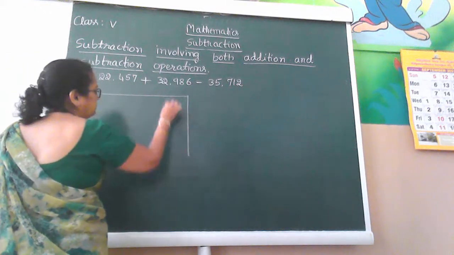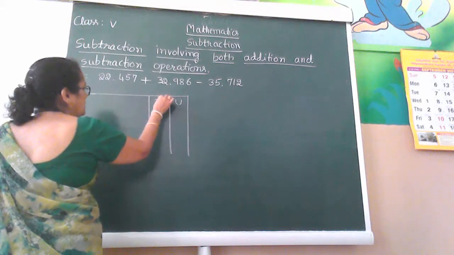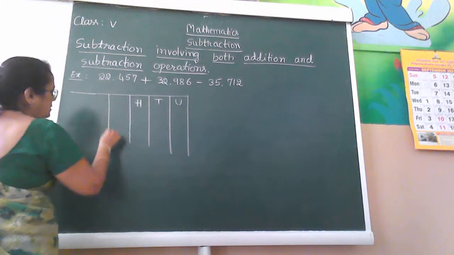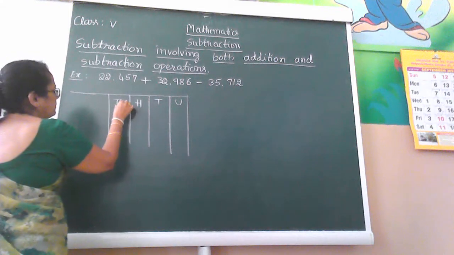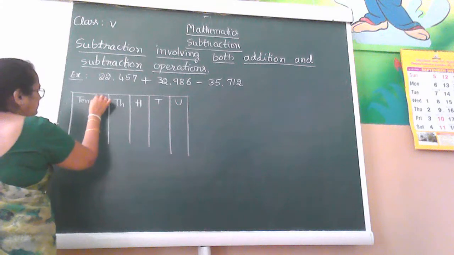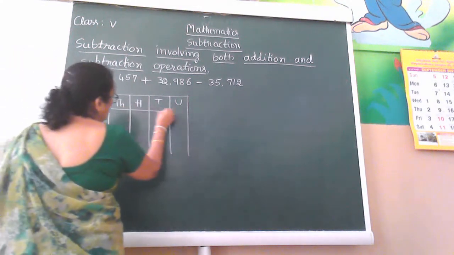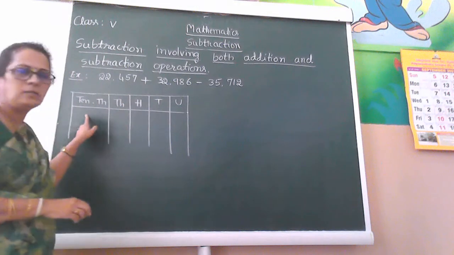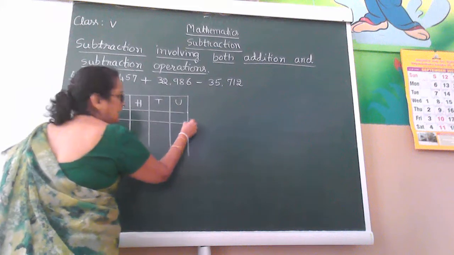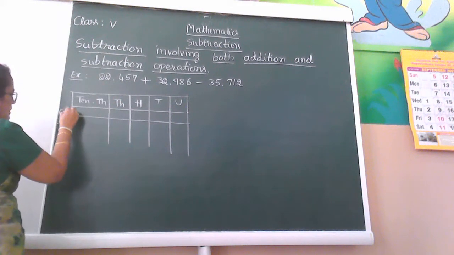First one, yes, it is unit, then tens, then 100, next 1000, next is 10,000, isn't it? 5-digit numbers means the place value starts from unit to 10,000. Now leave one line for carry. This one is for carry, isn't it?